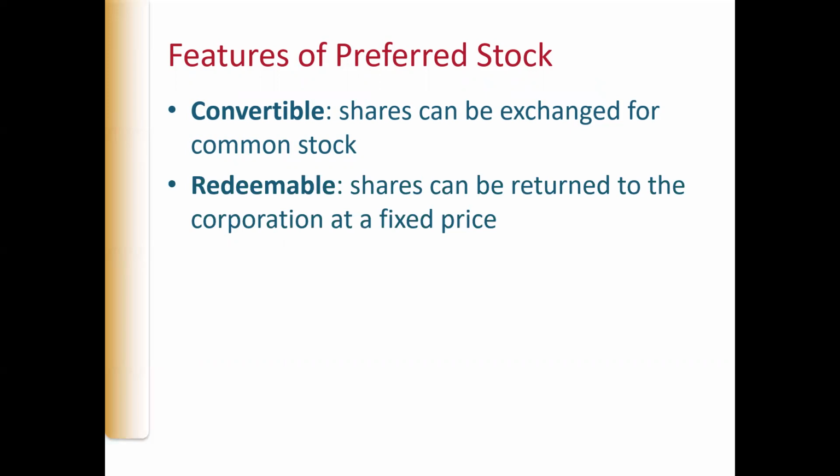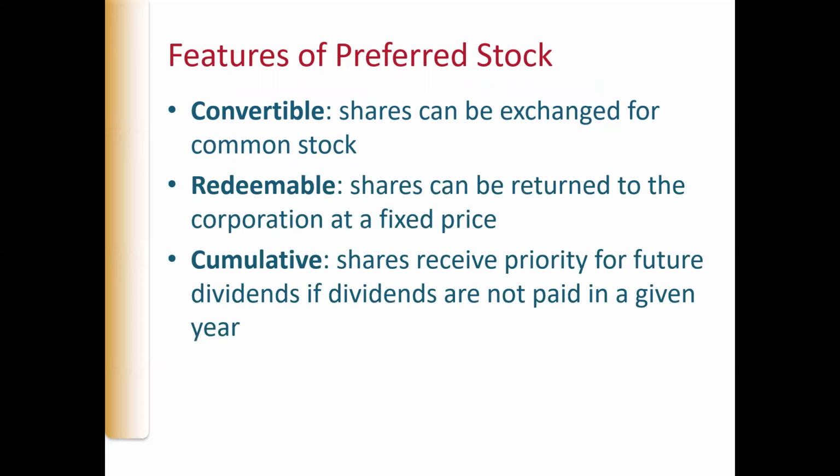It can be redeemable based on a fixed price set out at the start. And the most interesting to me is it can be cumulative, which means it will receive the dividends from years that have not been paid in a future period.